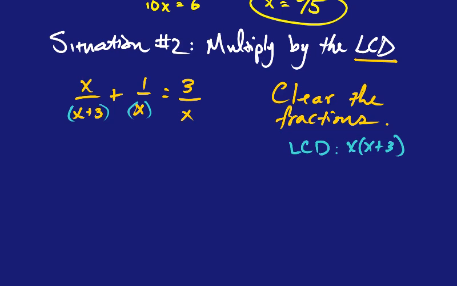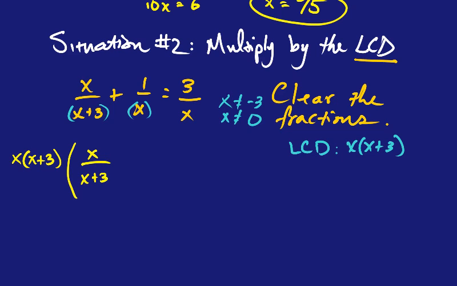I guess before we start, we should say what x can't equal. x can't equal -3 and x can't equal 0, because those would make the denominator equal 0. All right, here we go. Time to multiply by the least common denominator. We said the least common denominator is x times x plus 3, and we're going to multiply x over x plus 3 plus 1 over x equals 3 over x by that.